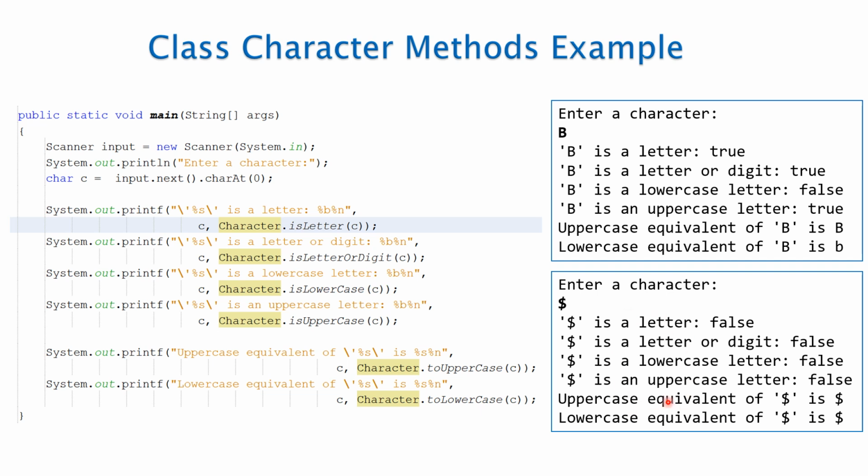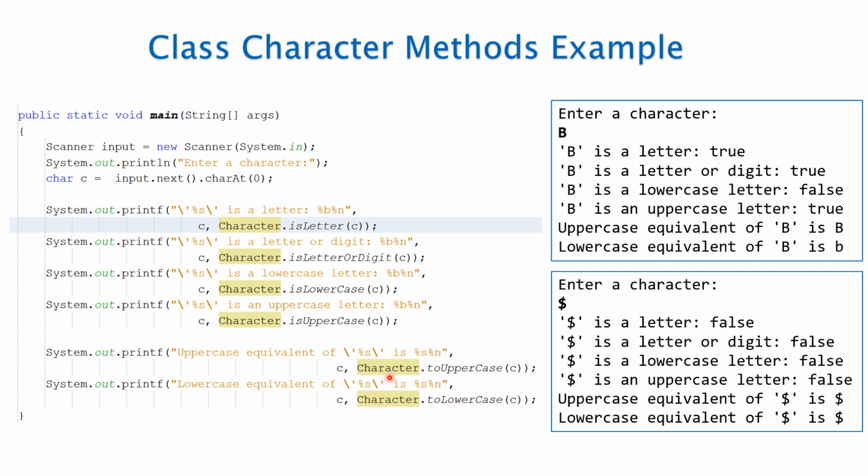In the second sample run, the user enters the character $. So the character methods isLetter, isLetterOrDigit, isLowerCase, isUpperCase, with C as the argument, return the value false.